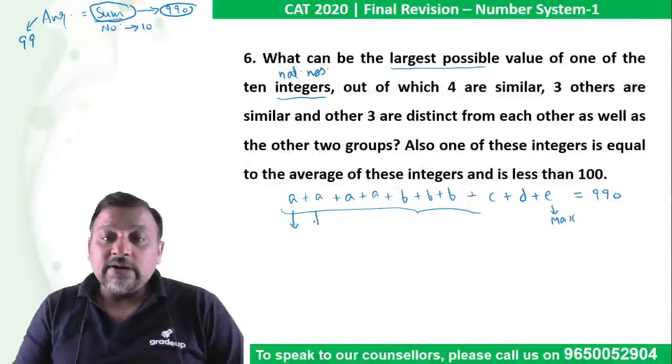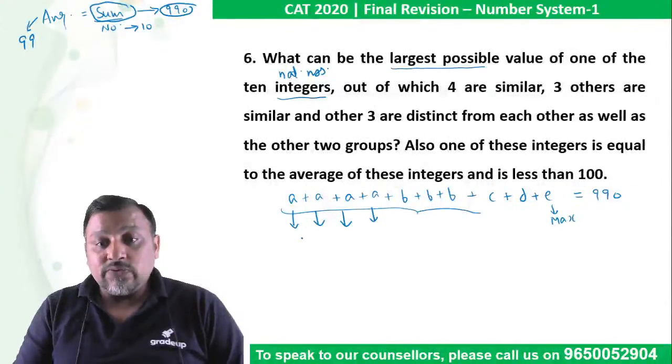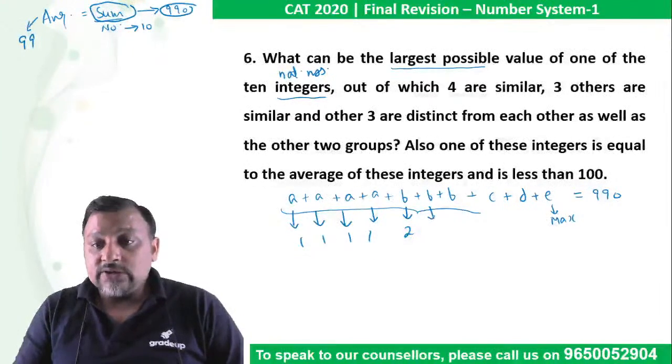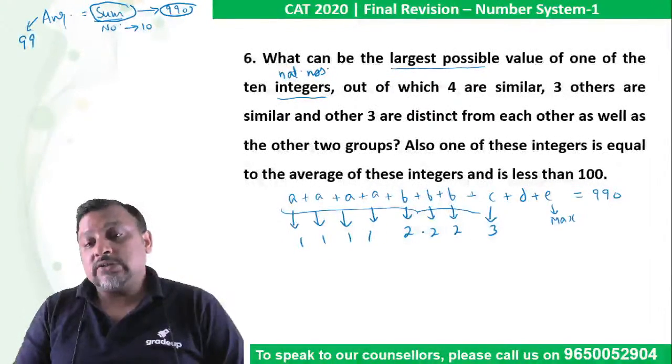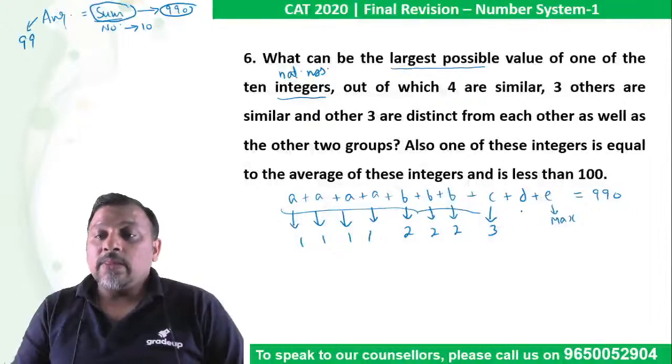So can we say I can take the values of these as 1 each, the value of B as 2 each, and one of the numbers as 3. So this is 4 plus 6, which is 10, plus 3, that is 13.